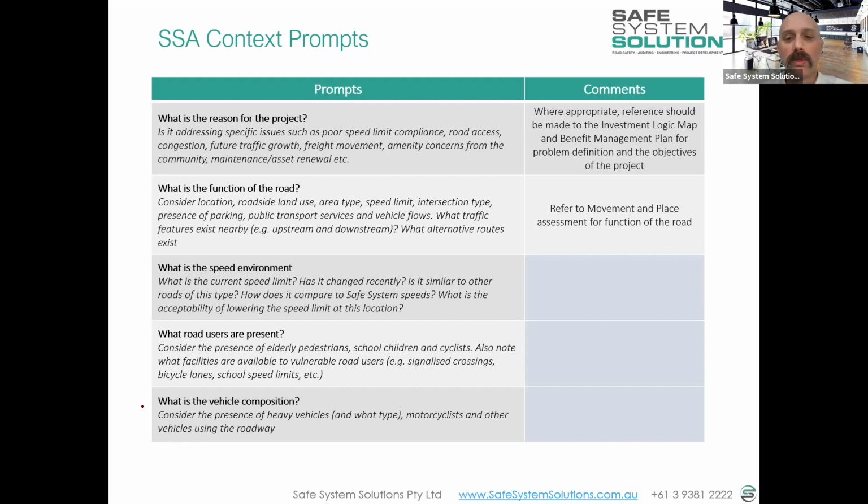Where are the schools? Then provide that documentation within the Safe System Assessment report. Understanding any movement and place functions is also an important part of this. So you build that picture and then you put that into your report.